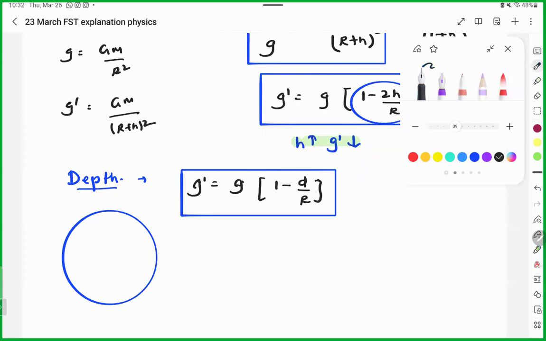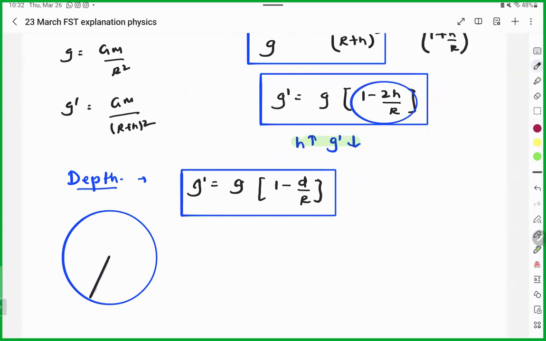Earth has radius r, and you take depth from the surface. For example, this is the depth. At this depth, what will be the remaining value? R minus d, like this. Depth from the surface, not from the center. Depth from the surface, because you will face issues only in this, not in the formula.